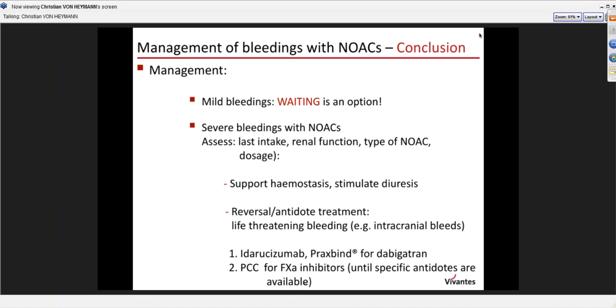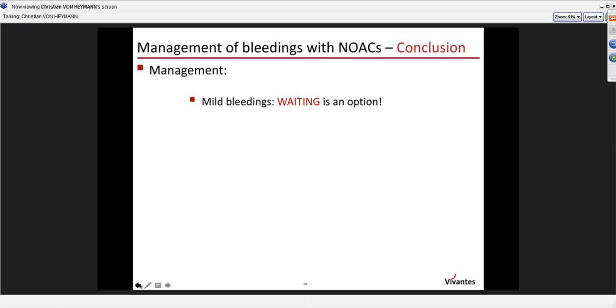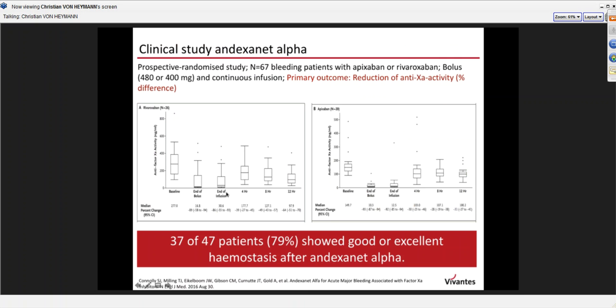We have also seen, if I try to go back in my presentation, maybe I hope that everybody can see this, there is some heterogeneity between the effect of andexanet alfa on rivaroxaban-treated patients and apixaban-treated patients, as the anti-Xa activity in the apixaban-treated patients seemed to be smaller after the end of the bolus and after the end of the infusion compared to the rivaroxaban.